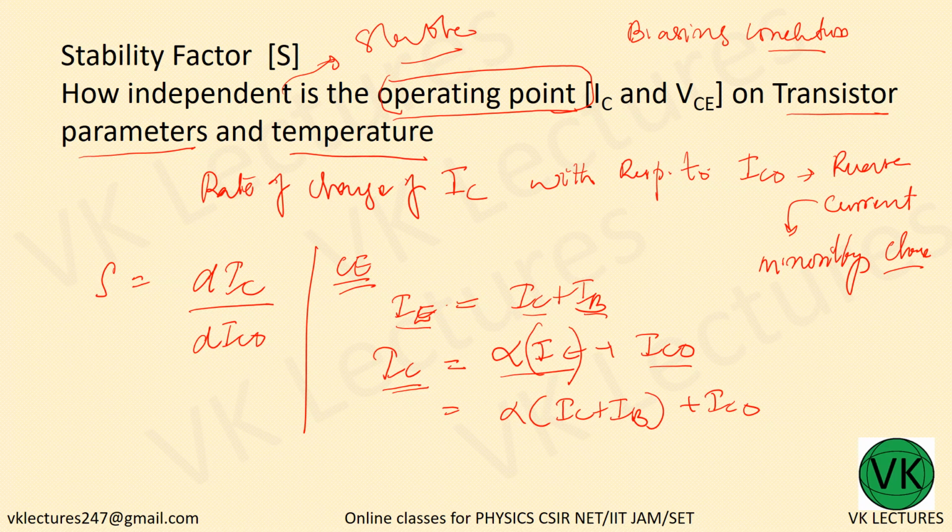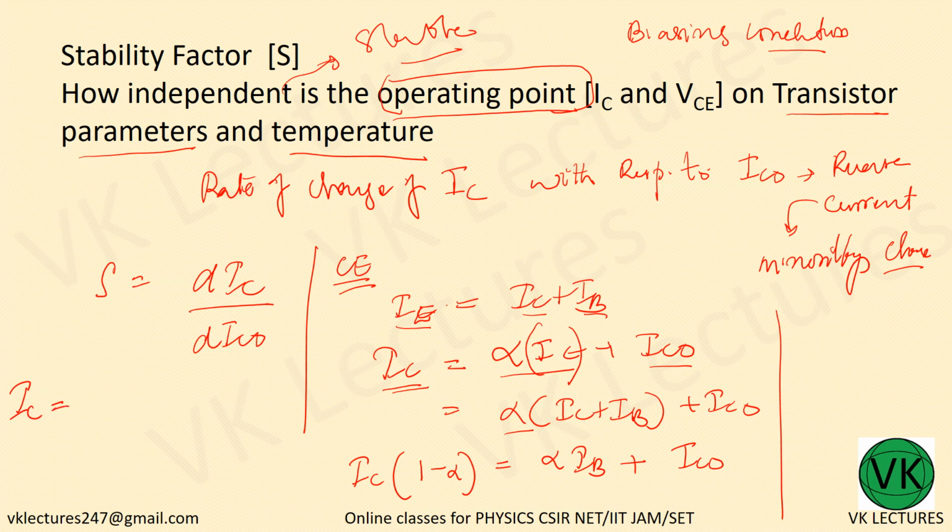Now what you can do is bring this quantity to the left side. So IC into 1 minus alpha equals alpha times IB plus IC naught. Now divide by 1 minus alpha. What are you getting? IC is equal to alpha divided by 1 minus alpha times IB, plus 1 divided by 1 minus alpha into IC naught.